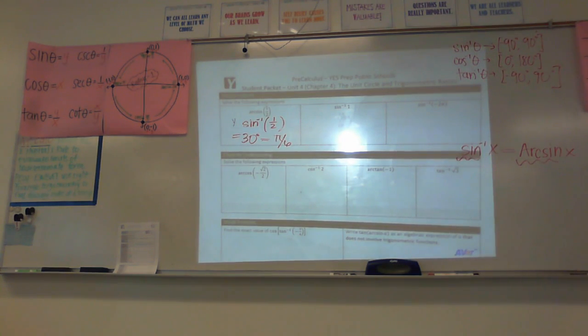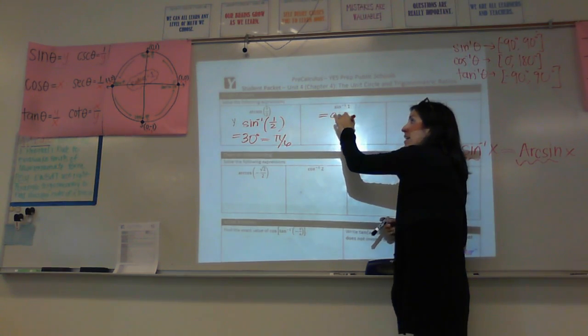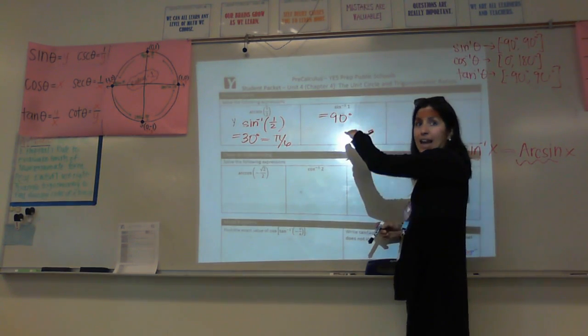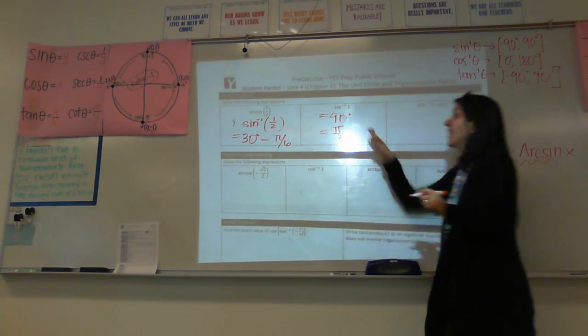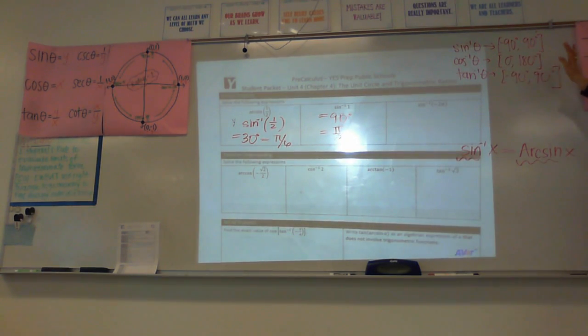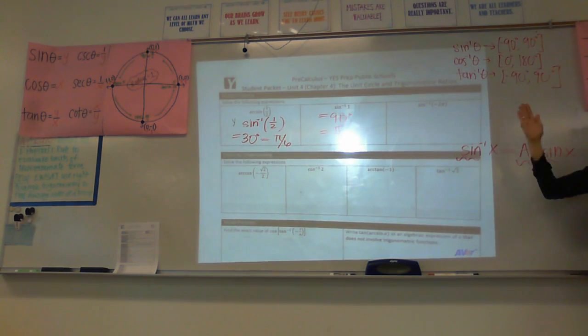Many of you might need to chunk that in a slower step, right? 90 degrees first, and then write that as pi over 2. Is that in my window? Sure. That's why my answer is 90 or pi over 2, and I quit. One thing to note, these are brackets, so we can include 90 and negative 90 in our answers, right? That's why that is okay.